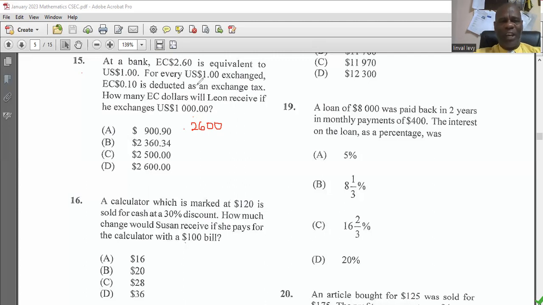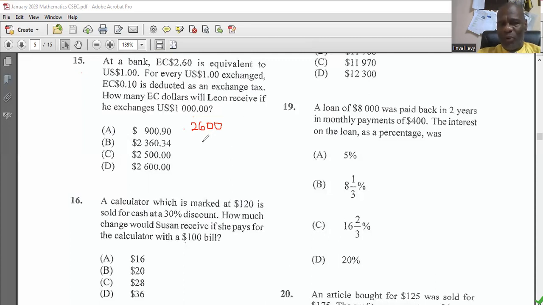Now, we are told for every $1 exchange, 10 EC cents is deducted for exchange tax. You want to find out how much money you would get after tax. So it should be 1,000 times the 10 cents, or you can say 1/10 of 1,000.